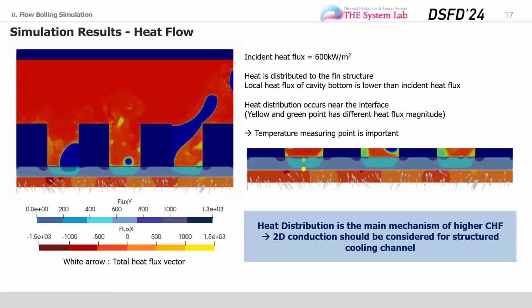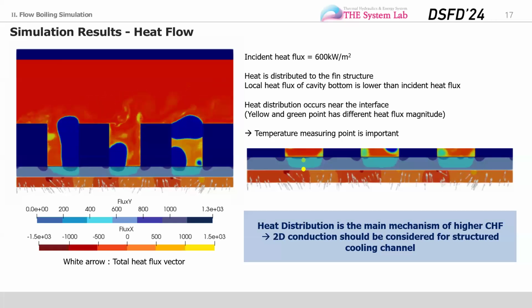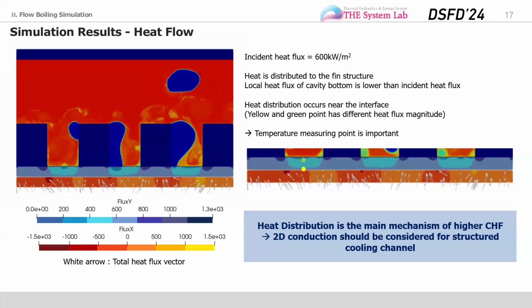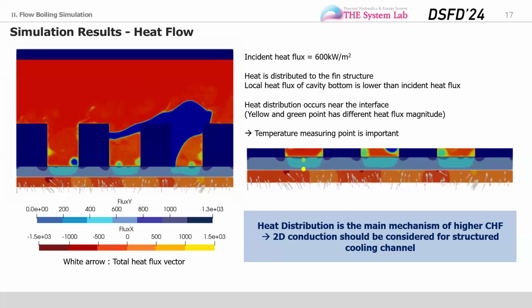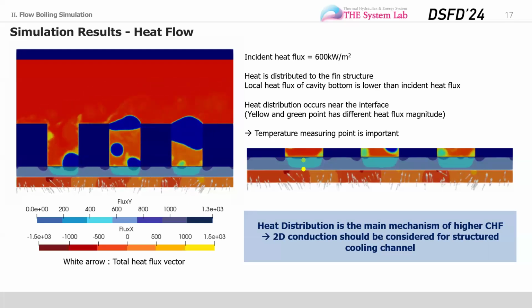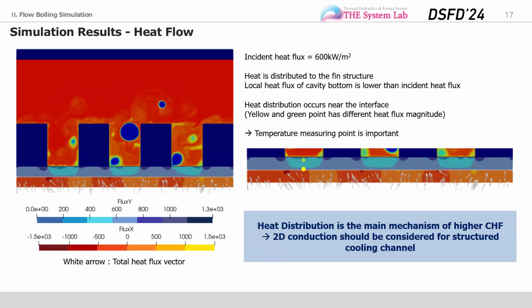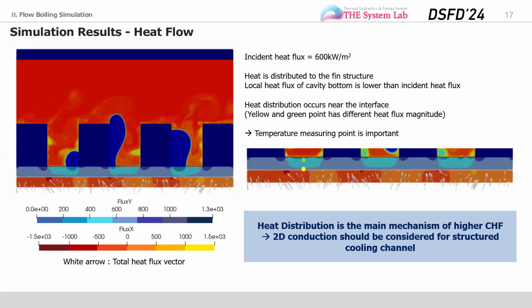And the left figure shows the directional heat flux map. In this case, the incident heat flux is 600 kW/m². And as you can see in the left figure, the local heat flux at the cavity bottom is lower than the incident heat flux, and heat is distributed to the fin structure.